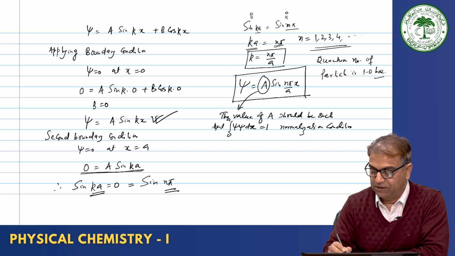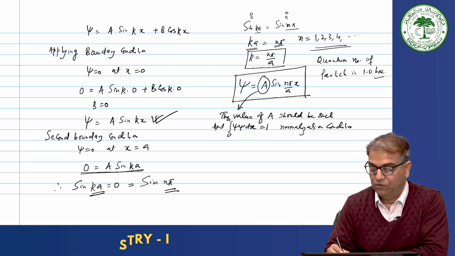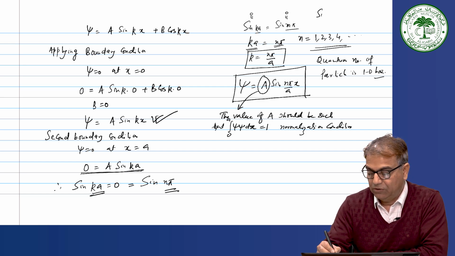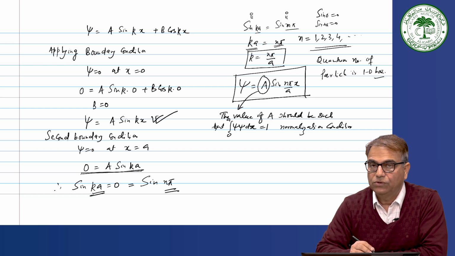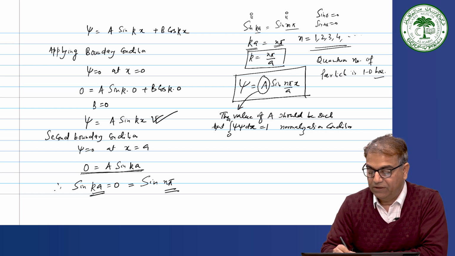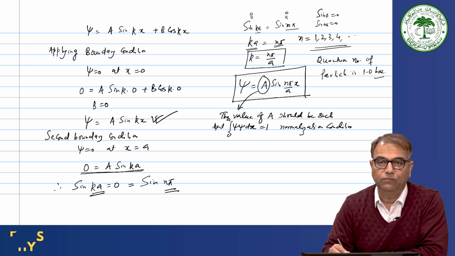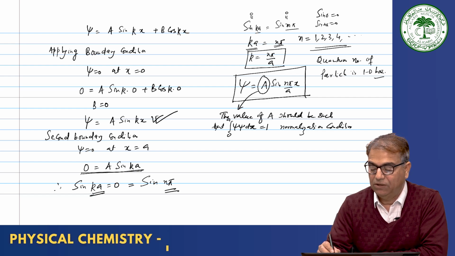You see this is your function. If n is equal to 0, sin 0 is 0 and sin n pi is also 0. If you put n equal to 0, then the whole function becomes 0, and this we do not want. That is why n is either 1, 2, 3, 4.